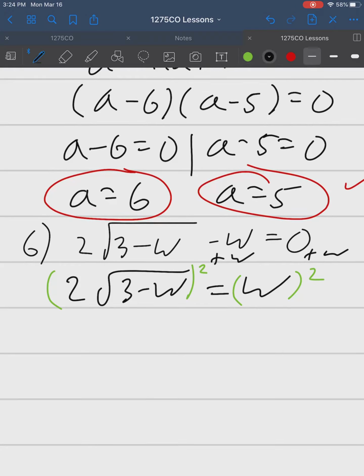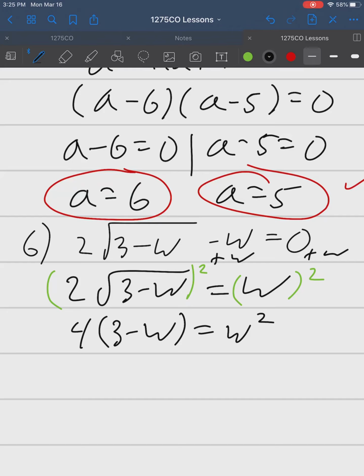So what's going to happen there is that 3 minus w is going to come out of the radical like normal. The other side, w to the second power, comes out like normal. But since this 2 is outside the radical already, this is going to get squared to be 4. And this 3 minus w must be put in parentheses.